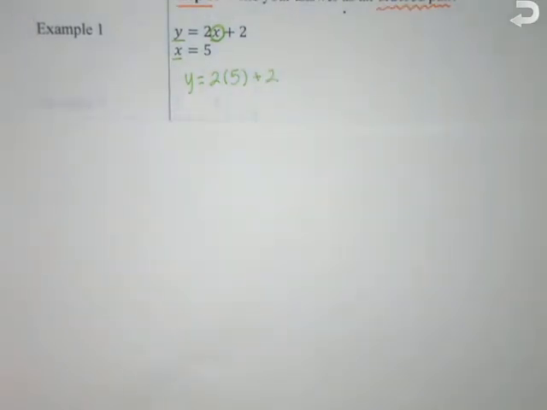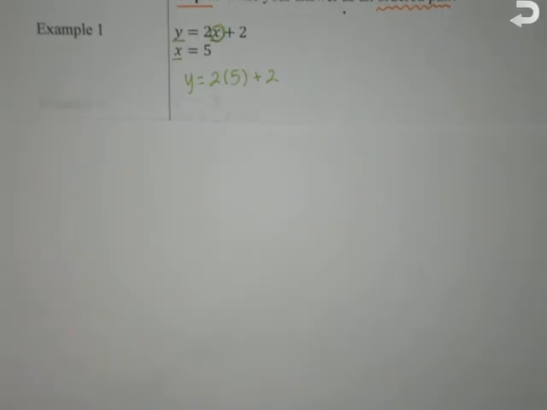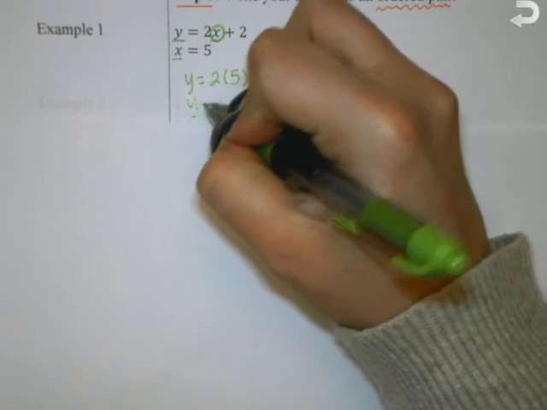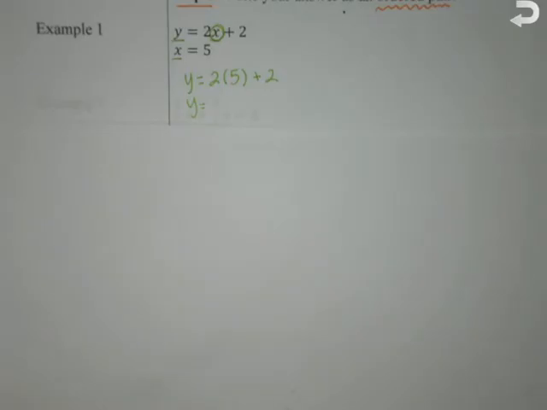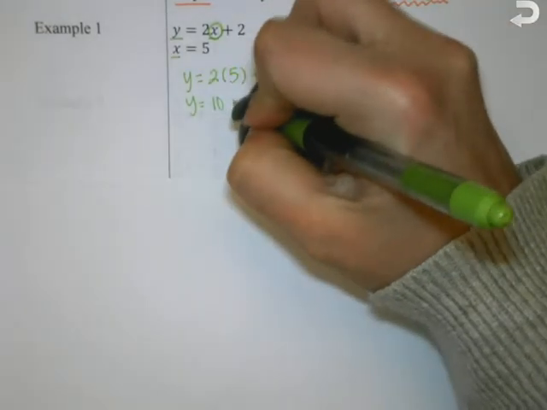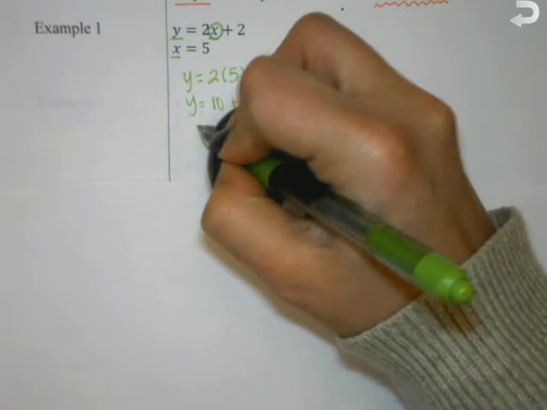Now this one is easier because we already have one of the variables solved for. So my next step, guys, would be to do what? Solve, but multiply. 2 times 5 gives me 10. So that's y equals 10 plus 2. So y equals what? 12.